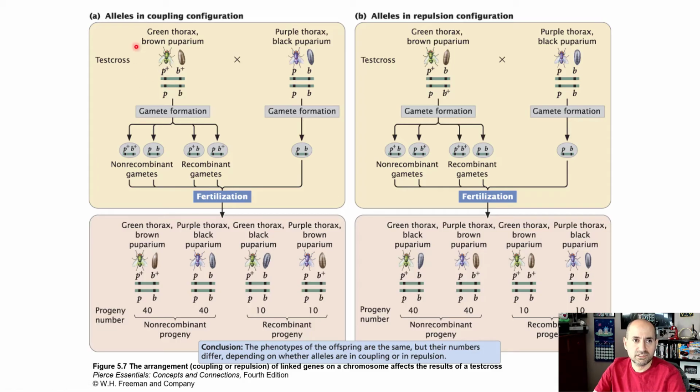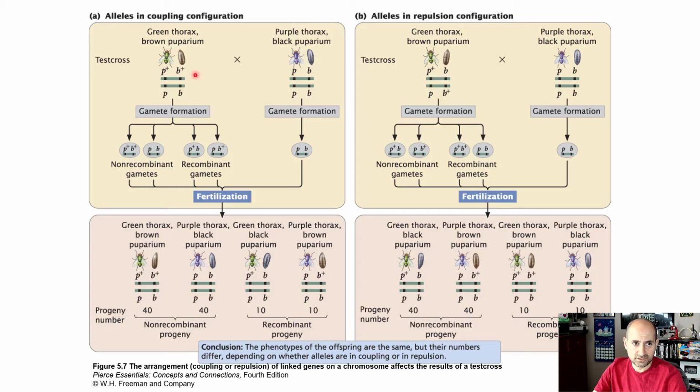If you start with the cis configuration with two alleles, let's say P plus and B plus, this would be the wild type green thorax and brown puparium, and you cross that with the mutant purple thorax black puparium.